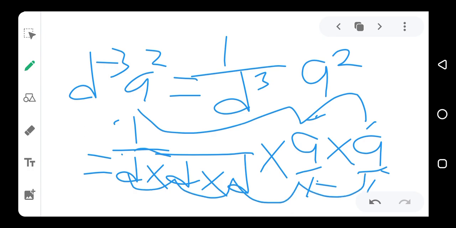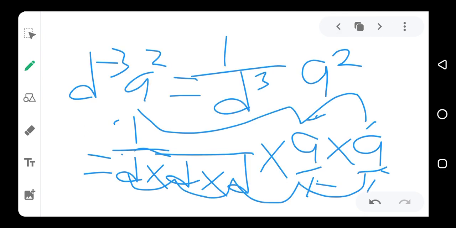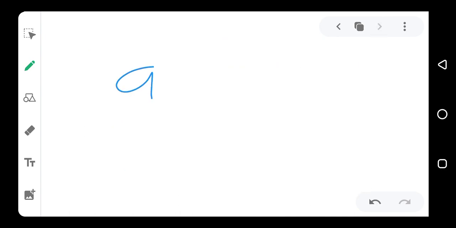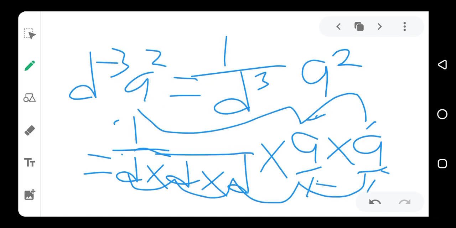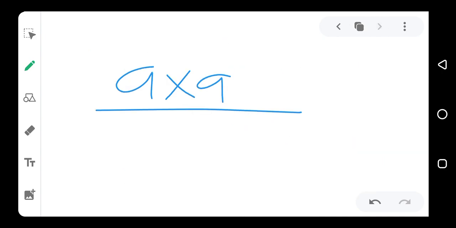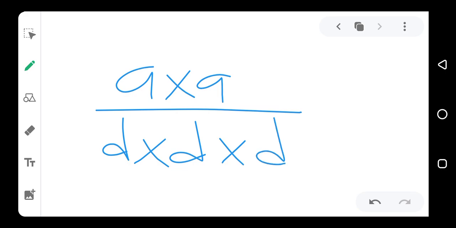So when we times everything, we are going to get A. 1 times A is A times A. So we have A times A over the one that is down, D times D times D. Then times by 1, it will still give you the same thing. So we have D times D times D.